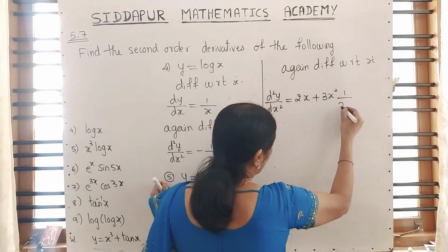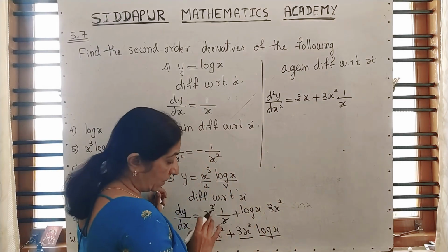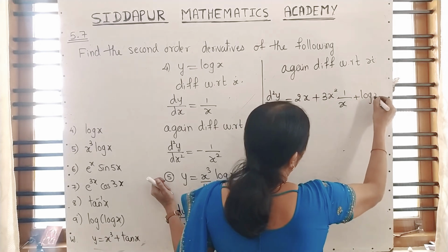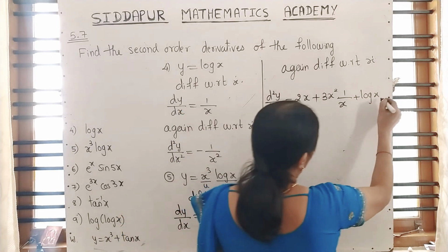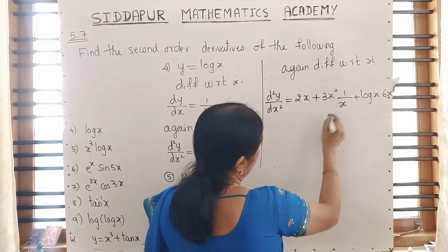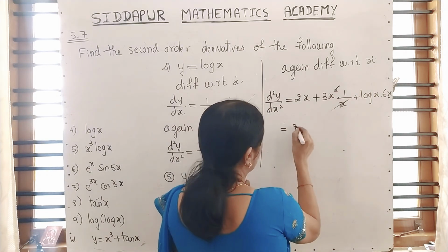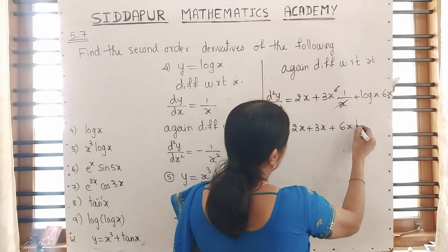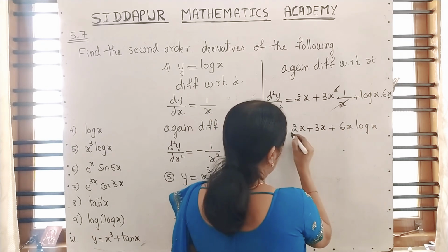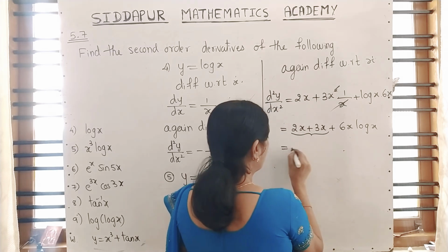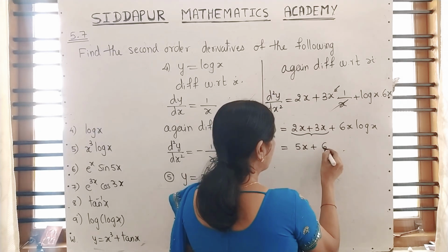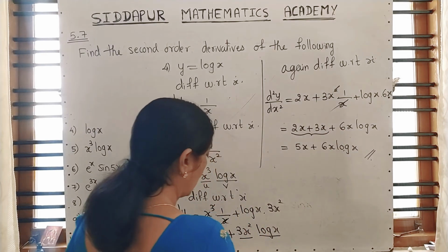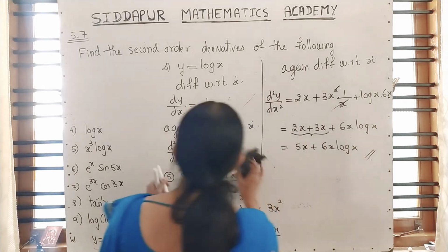Differentiation of log x is 1 by x. Shall I write directly? Because already you are familiar. Plus log x as it is. Differentiation of 3x square is 6x. One x is cancelled with this. 2x plus 3x plus 6x into log x. We can add only these two. 5x plus 6x into log x. This is the answer. Moving to the next question.